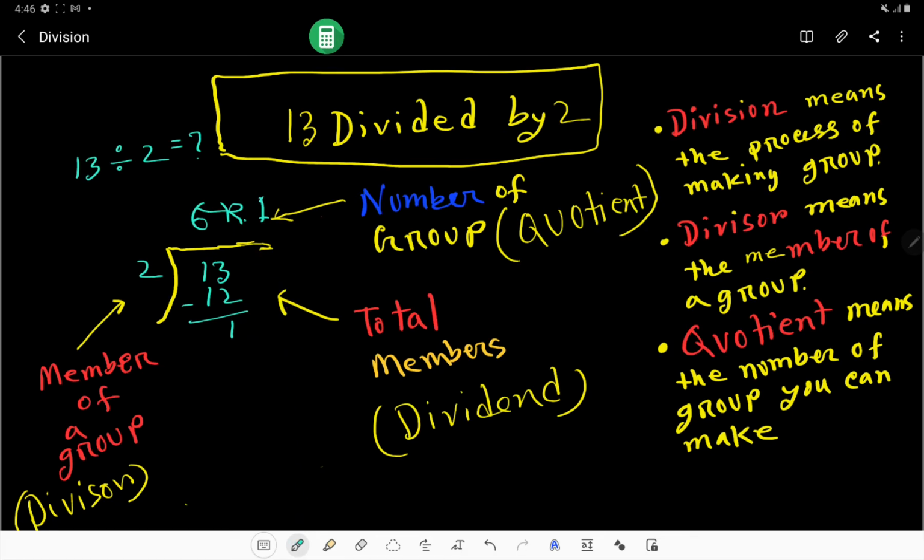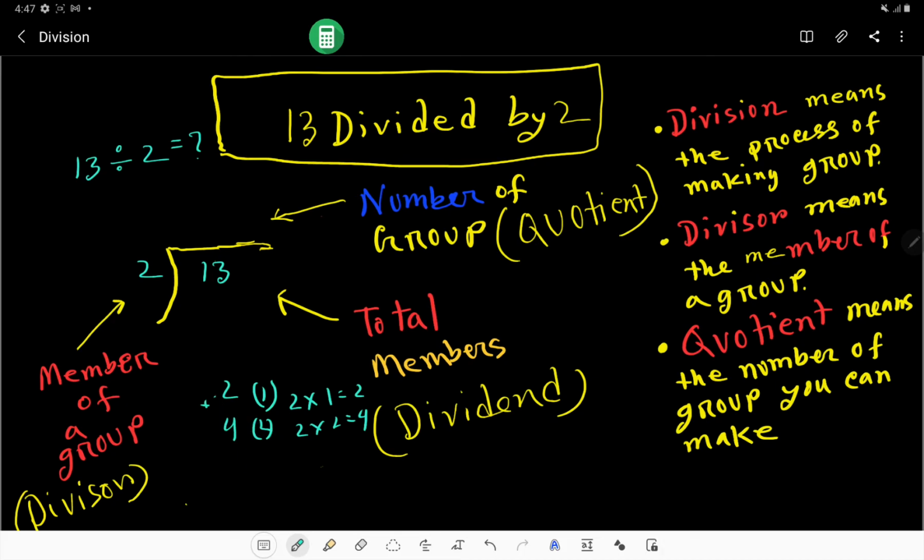So we will now use the multiplication table to divide 13 by 2. 2 times 1 gives us 2. 2 times 2, what will be 2 times 2? 4. I will write here 2 times 1 is 2, 2 times 2 gives us 4.